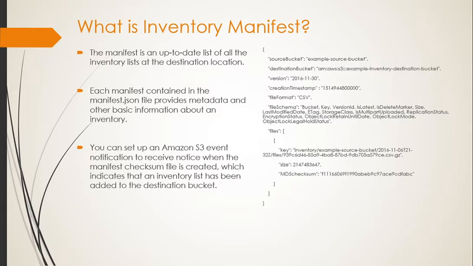You can set up an Amazon S3 event notification to receive notice when the manifest checksum file is created, which indicates that an inventory list has been added to the destination bucket. So if you want to be notified when your inventory file list is ready, suppose you schedule it daily or weekly, you can set up an S3 event notification.